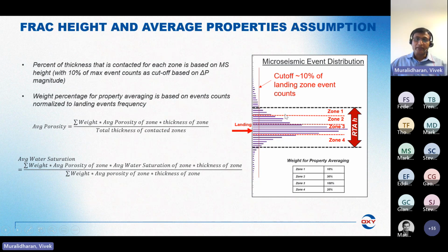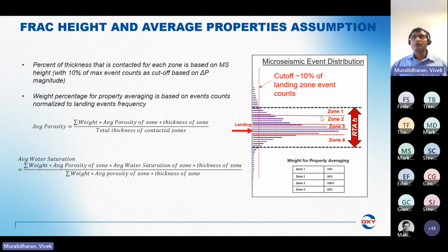When we take the microseismic and also the average properties, the way we came up with averaging is a weighted average, because, as I mentioned, from all the simulation runs that we did, we have a lot more efficiency in the landing zone. So you have to give more weightage to the properties in the landing zone.